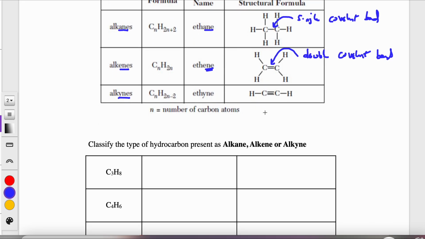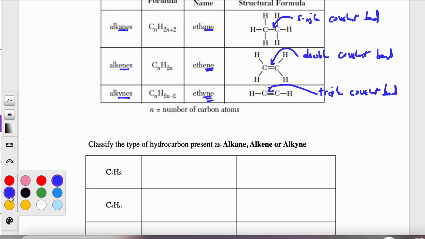And our last example here, we still have 2 carbons that make up this molecule, but instead of it being a single bond or a double bond, we have a triple covalent bond present. And if it's a triple covalent bond in the structure, we're going to see the name end with an "-yne".